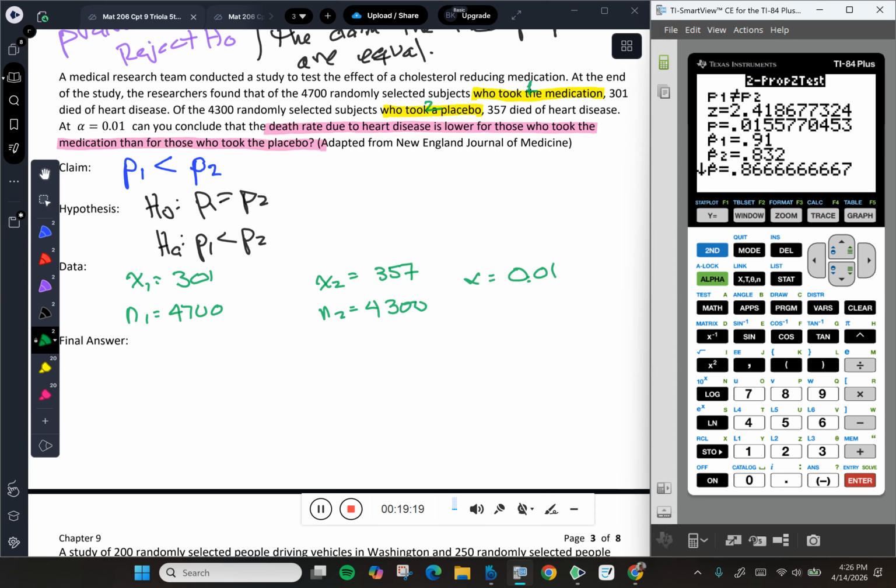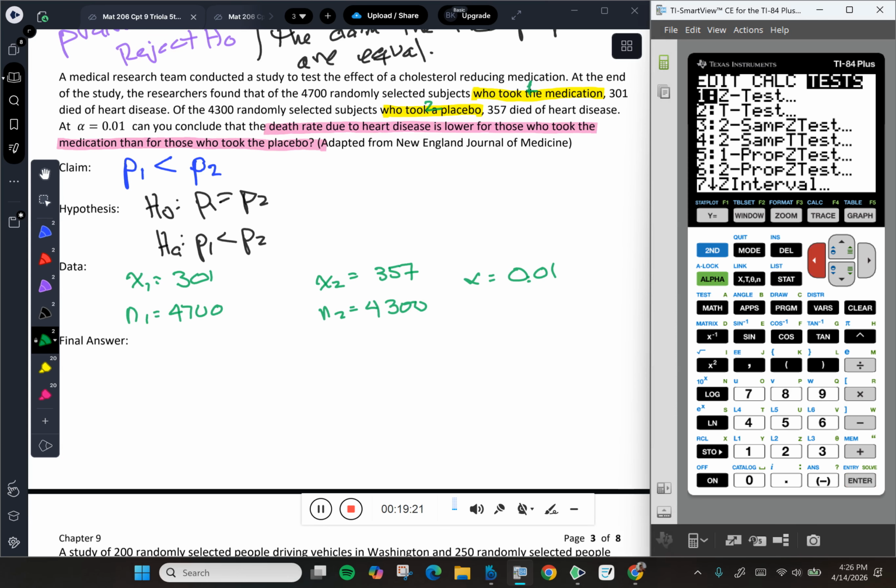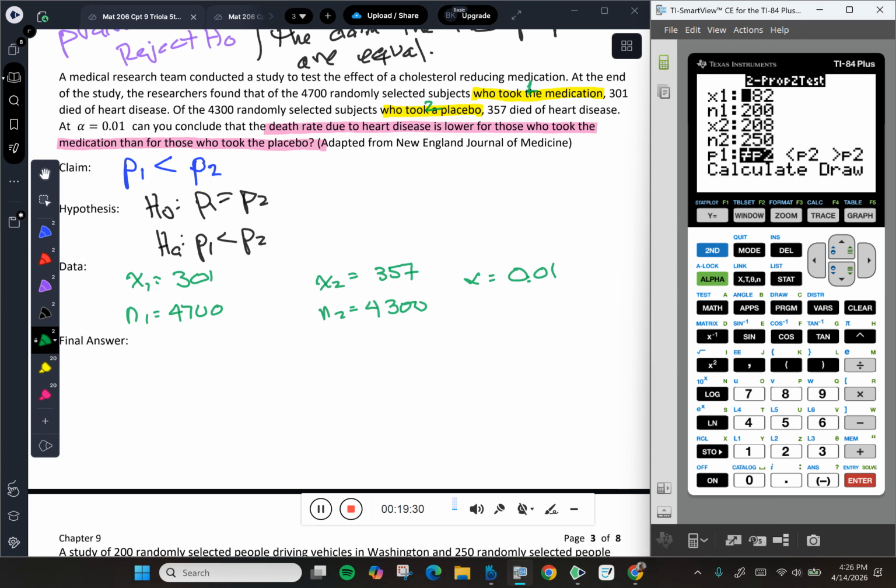Let's run the test. So my test will be a 2 proportion z-test. X1 is 301. N1 is 4,700. X2 is 357.